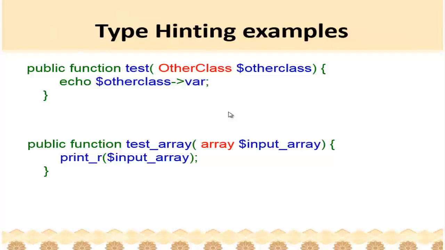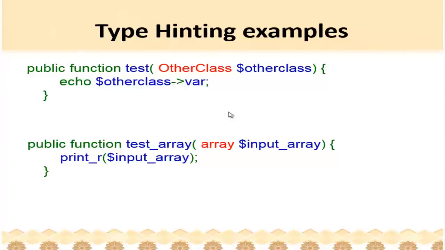Or here you are saying that I expect the data type to be array. Do not accept just an integer or float, accept only an array here. Now this is very different, and you have not used it when you created methods. Most of the time you just type the name of the parameter and supply the number of arguments. However, you can use the data type here to restrict it.